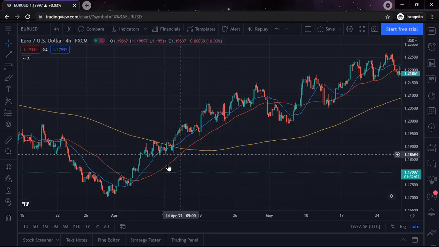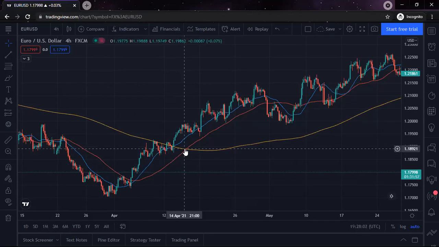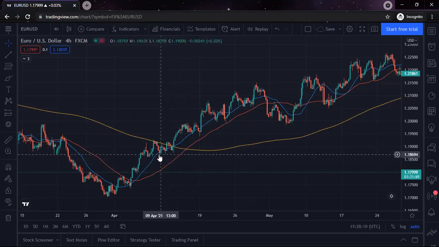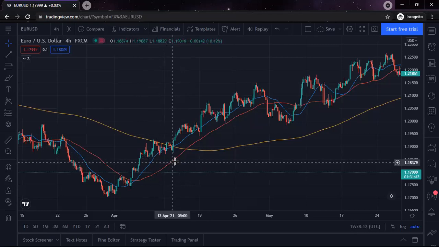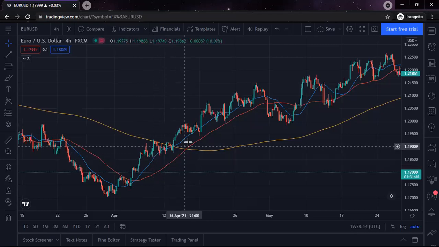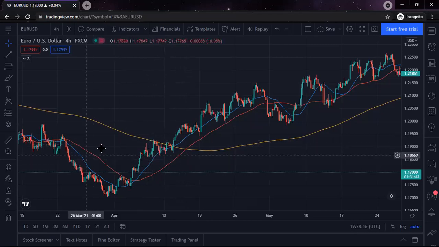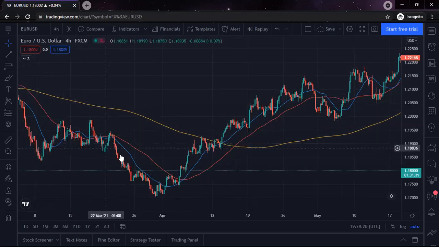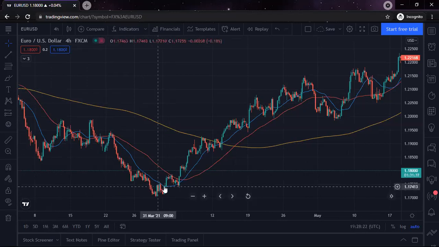And then we have our 20 here, which is the blue. So we saw over here, this was a downtrend, all the way here.